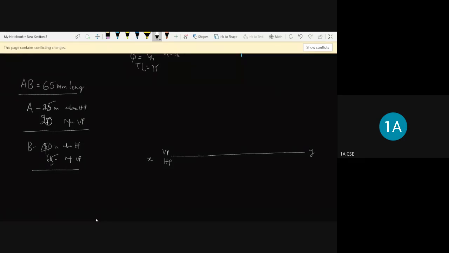Somewhere else, you can draw a line vertically upward and take this as A dash. Now this is 25, then A is 20.